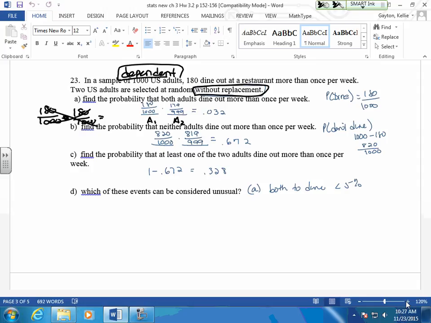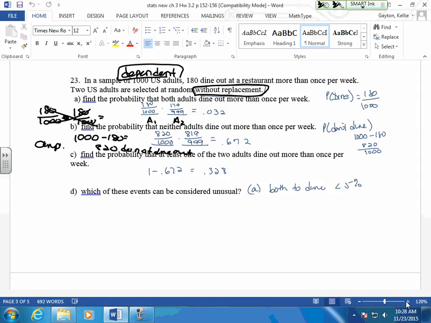Find the probability that neither adult dines out more than once a week. Use your complement case. Out of 1,000, if 180 dine out, then 820 do not dine out. God bless you. Use your complement case. So again, it's dependent, because we don't want to take a chance that we're going to take that same person back out.